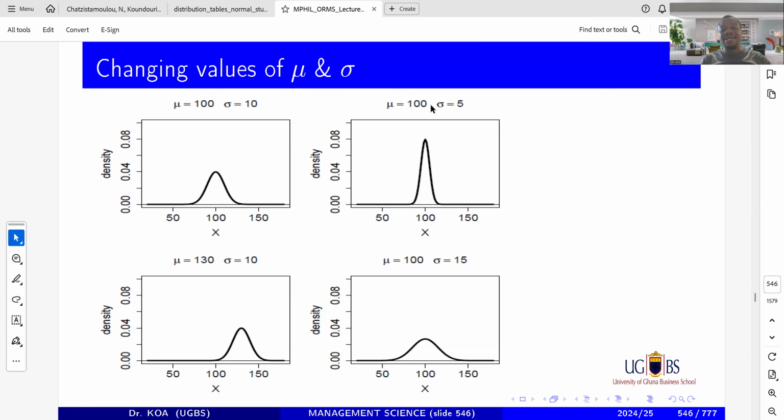Then if you maintain the standard deviation at 10 but increase the mean, the curve shifts. It becomes a sort of left tail situation, because you can see that the tail here is very, very low. So these are some of the things that you can do with the mean and the standard deviation.